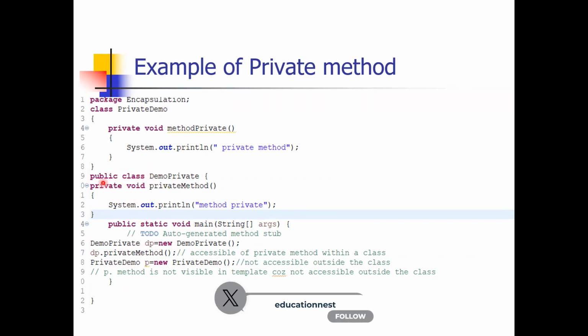But this class is public and this method is private. This method is private, so it cannot be accessed by another class, but we can get access when we call it through the object. Private means it is privately accessible within the same package, same class, but we can get access when we call it by the object.